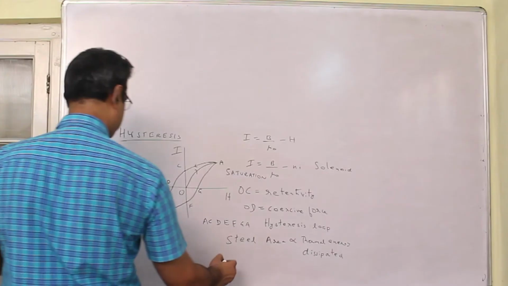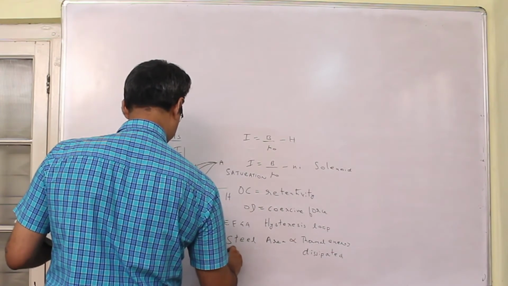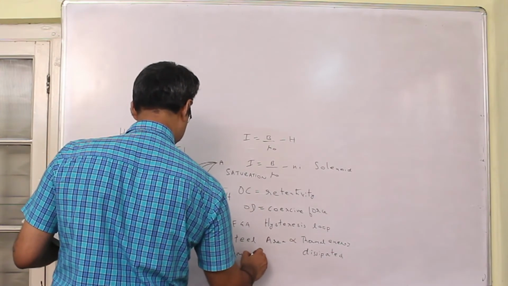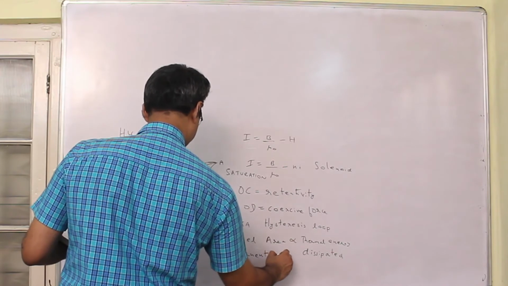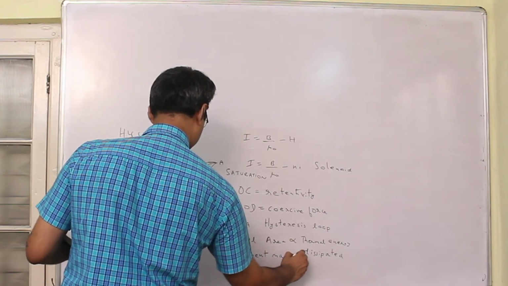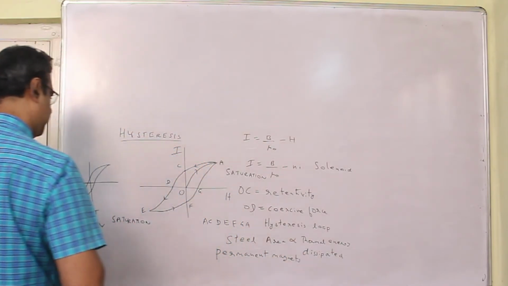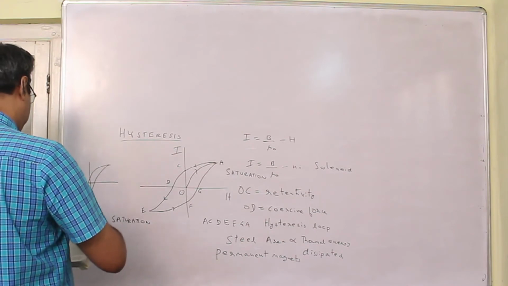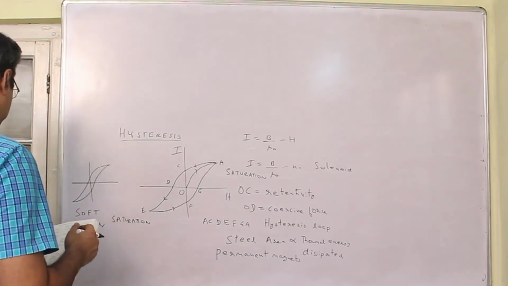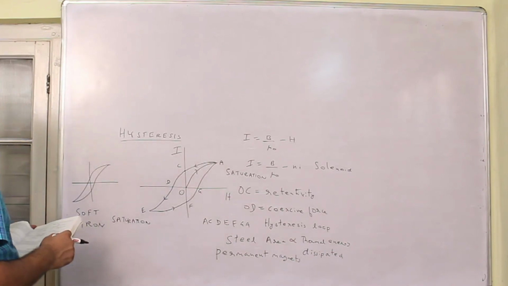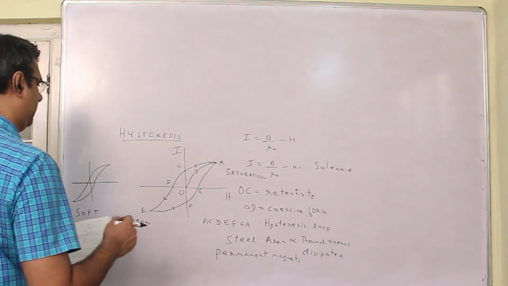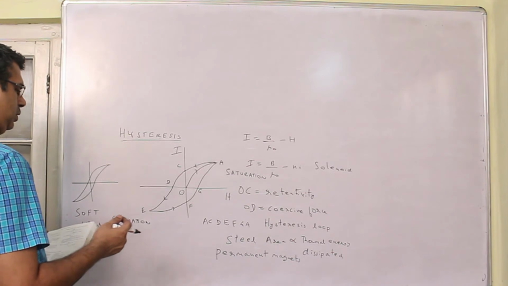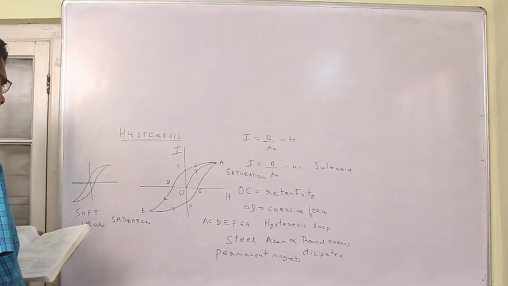So where do we use steel? We use steel whenever we want to make permanent magnets, because once it is magnetized, the retentivity is very high, so the magnetism will not be easily destroyed.